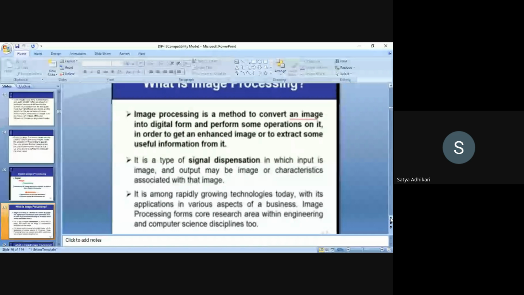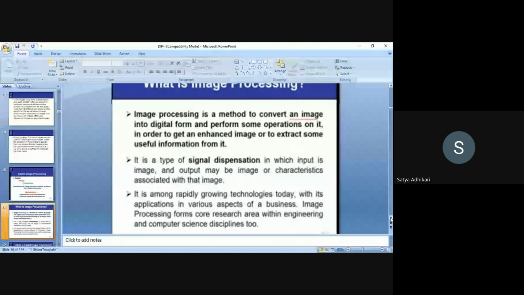What we have discussed here, all the points are written. Digital image processing is nothing but a method. We can convert an image to digital form and then perform an operation, like taking a picture and making some changes as you need.